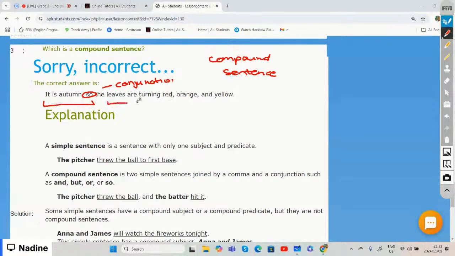It is autumn, the leaves are turning red, orange, and yellow. The leaves is our subject, is autumn is our predicate, and are turning red, yellow, and orange is our predicate within those two sentences. This is a compound sentence, which is correct. So well done.